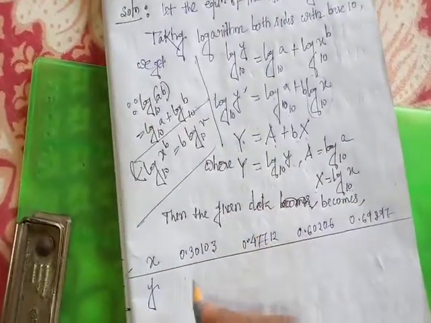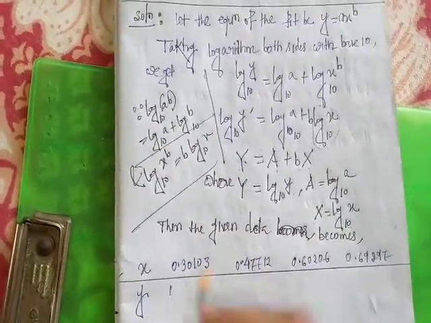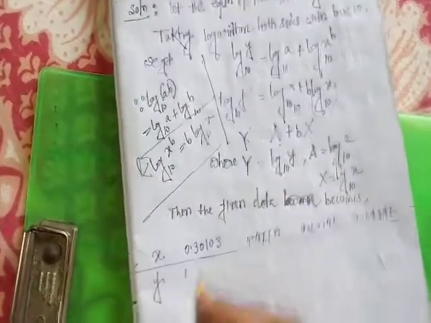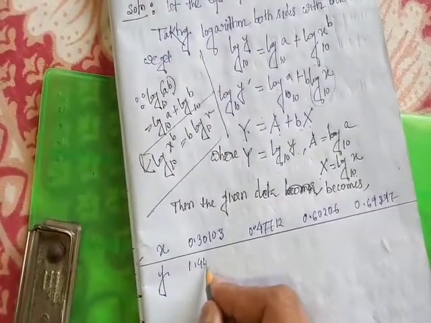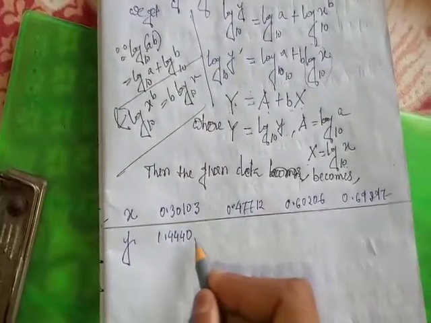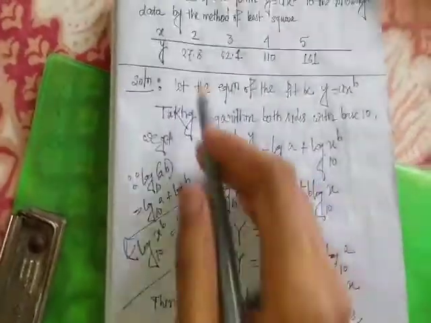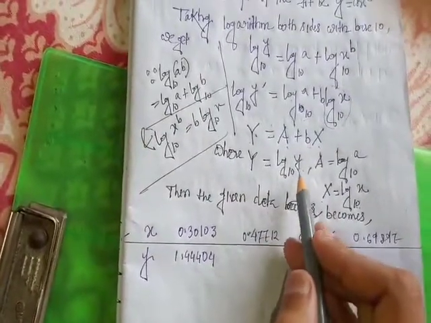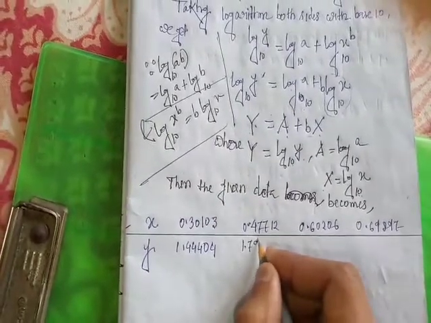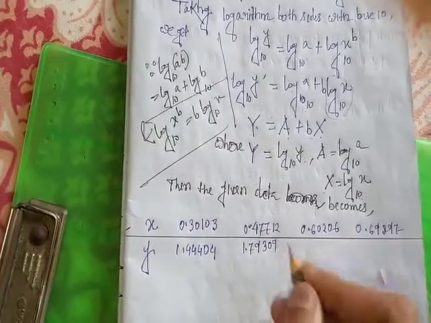Similarly, when small y equal to 27.8, then capital Y equal to log 27.8 base 10, which is 1.444004. When y equal to 62.1, the value of log 62.1 base 10 is 1.79309.